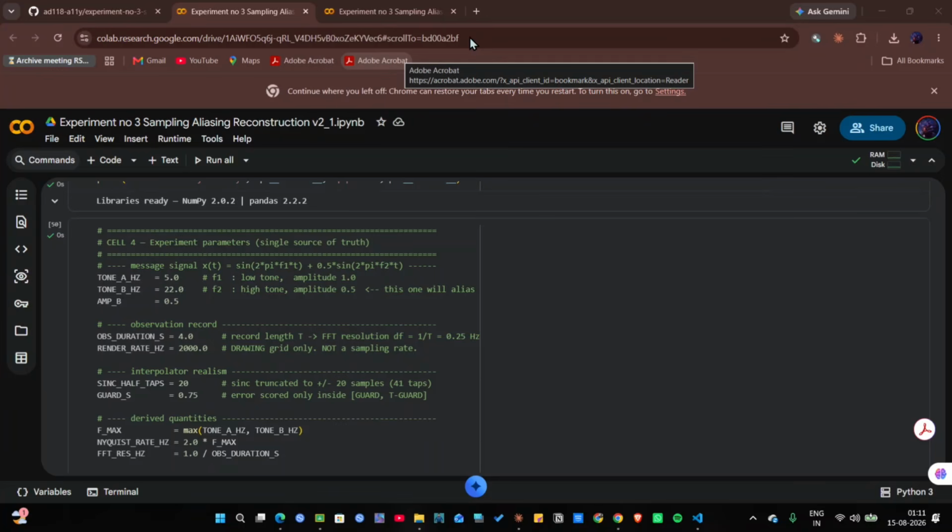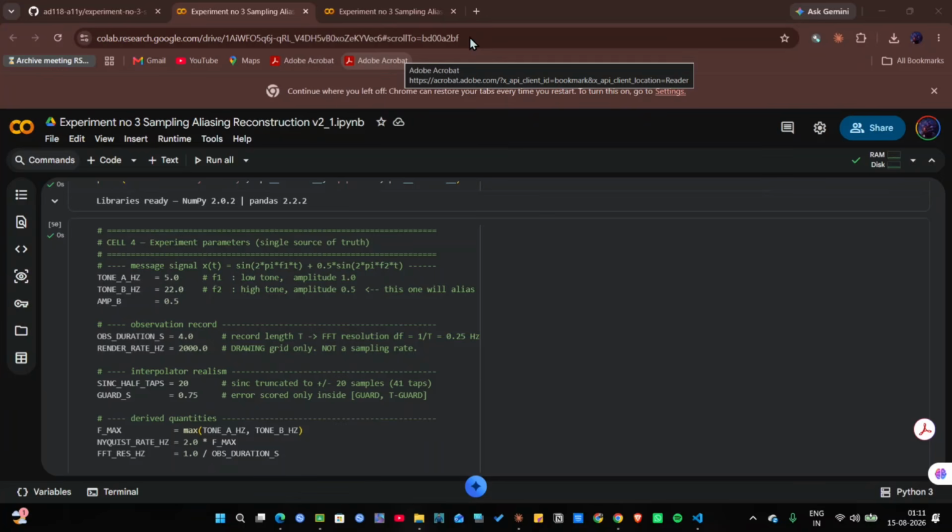And reconstruction ideally uses sinc interpolation. We can see the equation for that.